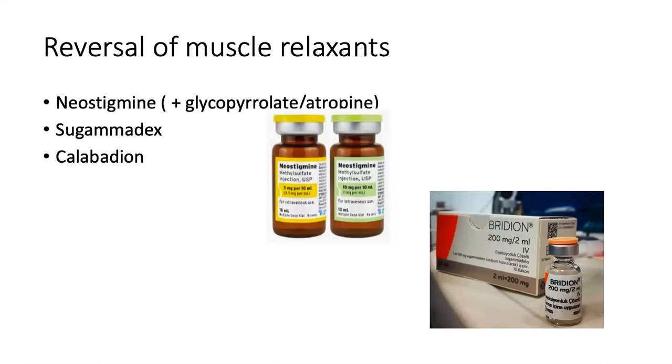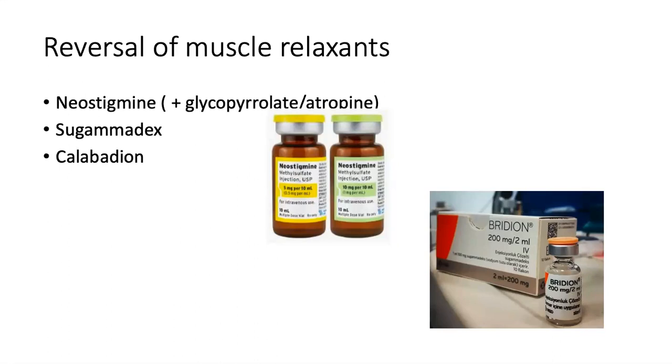The dose is 4 milligrams per kg for a patient, if you are reversing when you've got a train of 4 of more than 90%. But if it's an emergency, you need to reverse the patient stat, you can use 16 milligrams per kg to reverse the patient as soon as possible, so that you reverse all the muscle relaxant, and maybe you want the patient to breathe on their own.